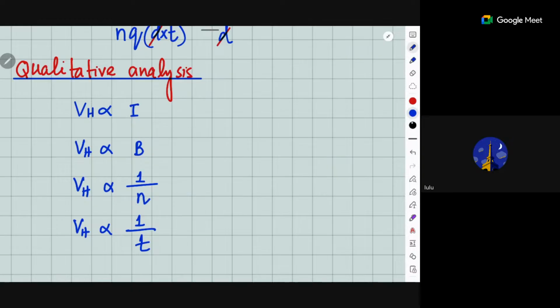So this is another very important thing to discuss: these points are important and you have to keep all these points with you, that is, where the Hall's voltages are and which are the factors upon which they depend.